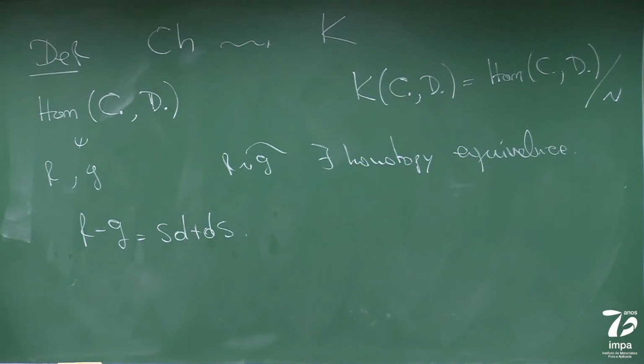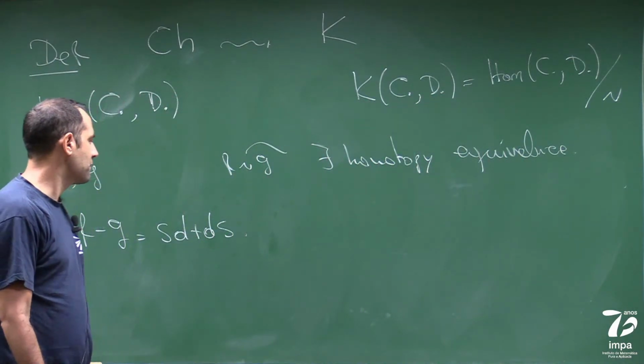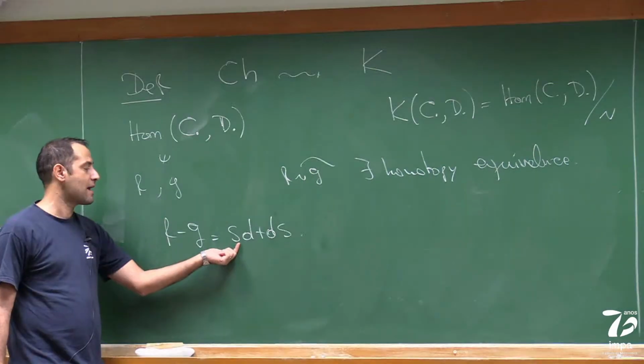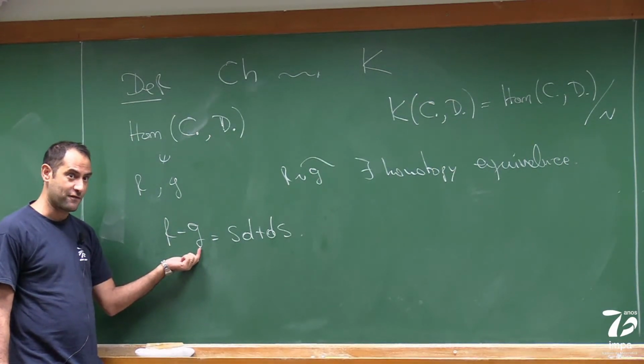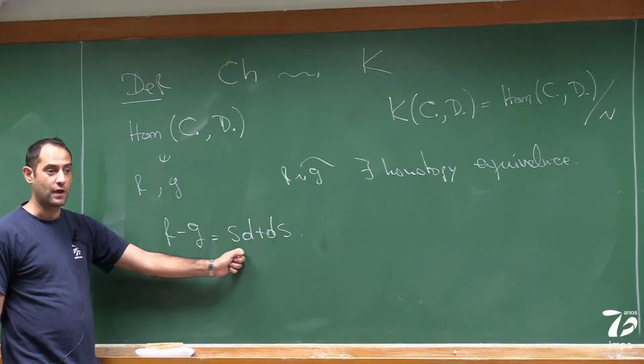That's being symmetric. And, well, I'm very much dyslexic with this, but f is also equivalent to f. That's also clear. Because if I put g equal to f, then this side is 0, and I can just put s equal to 0. So that also works.